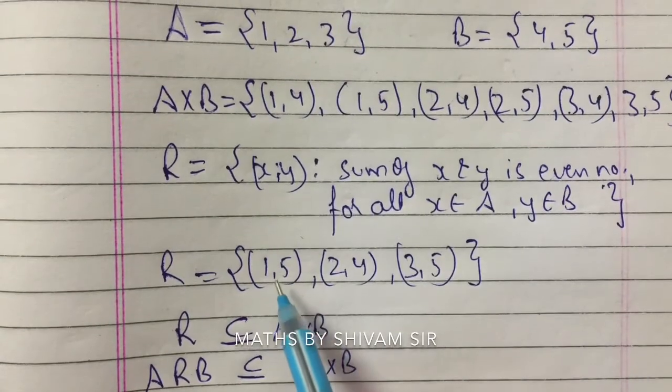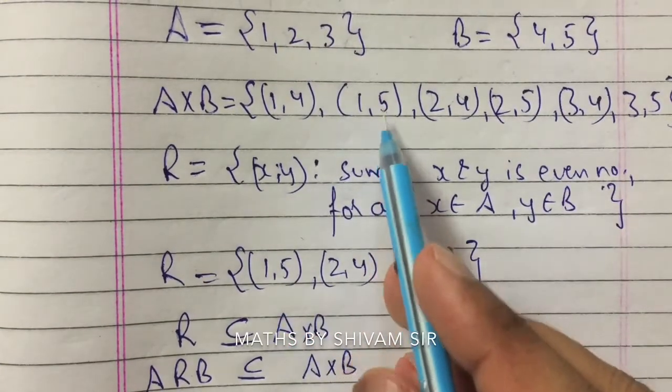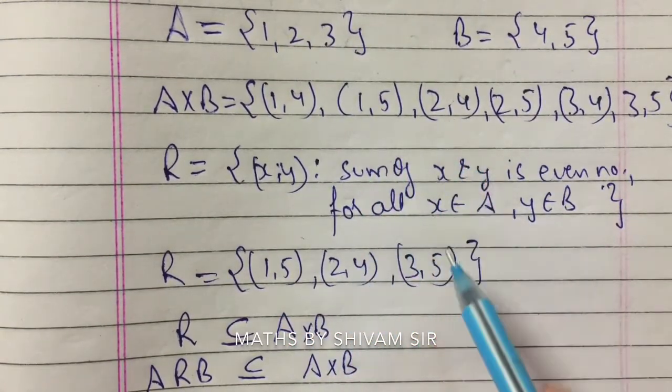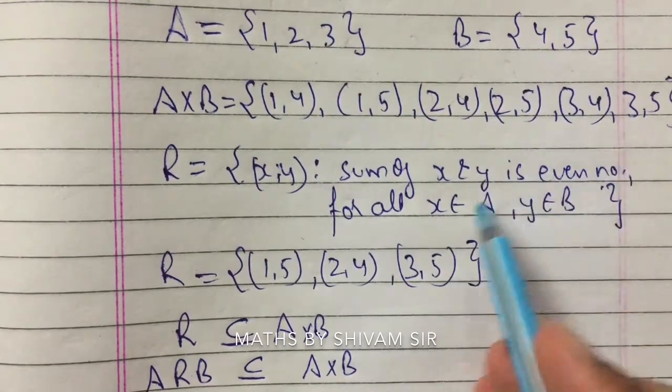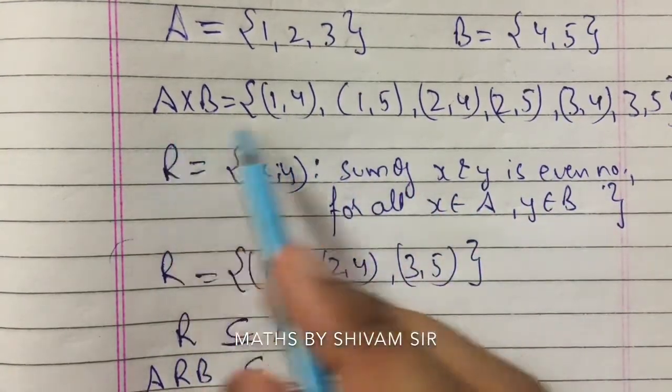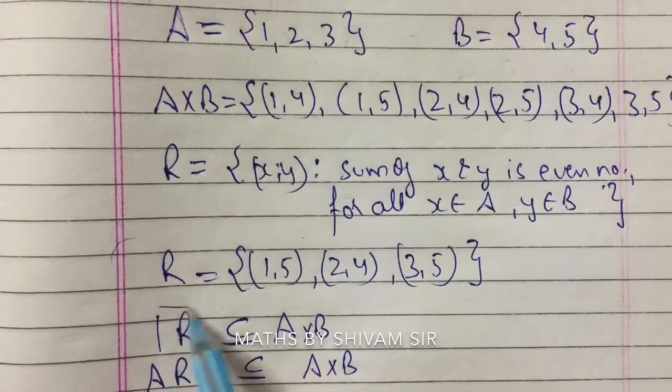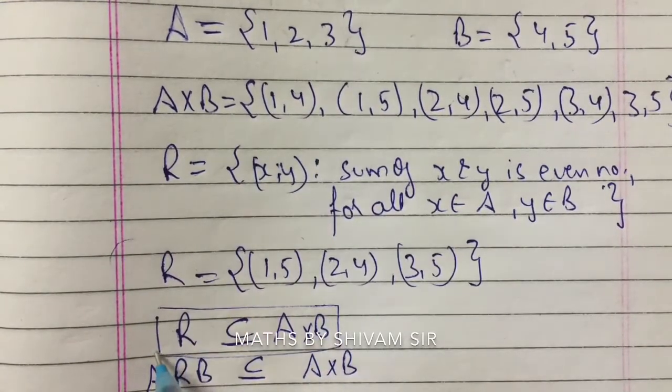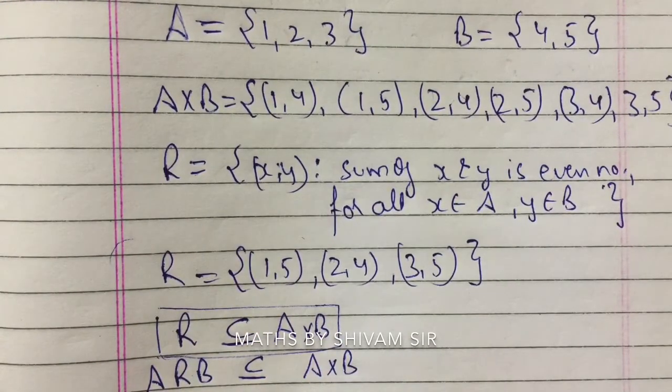See: (1, 5) is here, (2, 4) is here, (3, 5) is here. So we can say R is a subset of A cross B. Remember this condition, we'll be using it in the exercise.